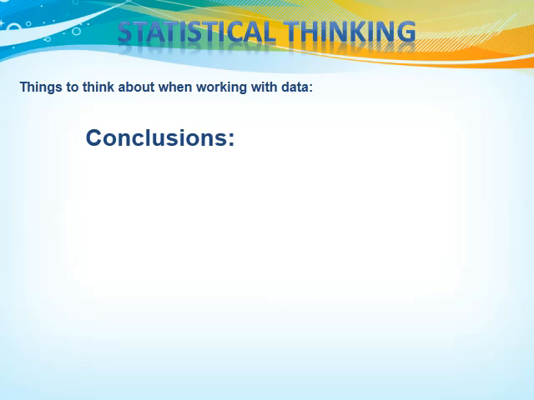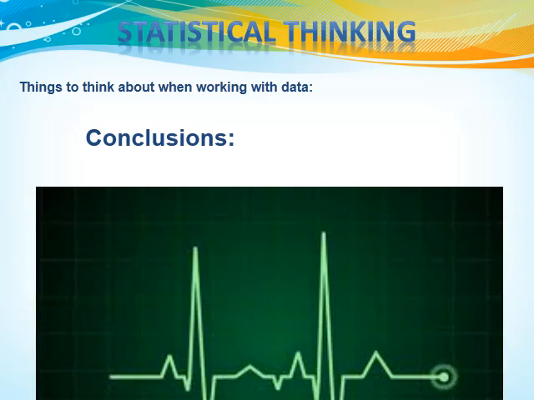Another thing to think about, you have to be careful about the conclusions that you reach when you're working with your data. The big statement in statistics, and this will come up over and over again throughout the semester, is that correlation does not imply causality. Meaning that just because two things are correlated does not imply that one causes the other.